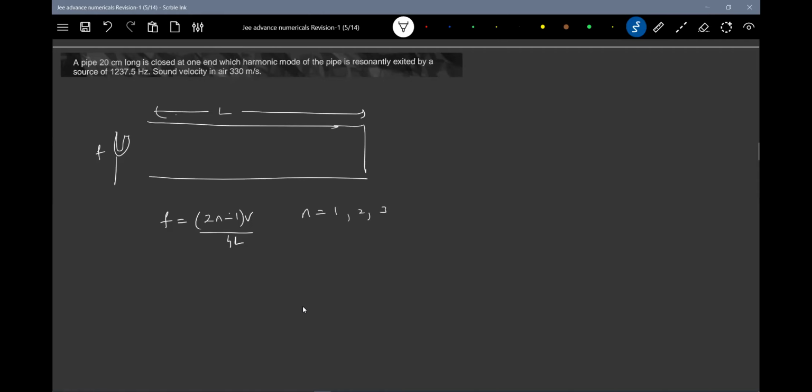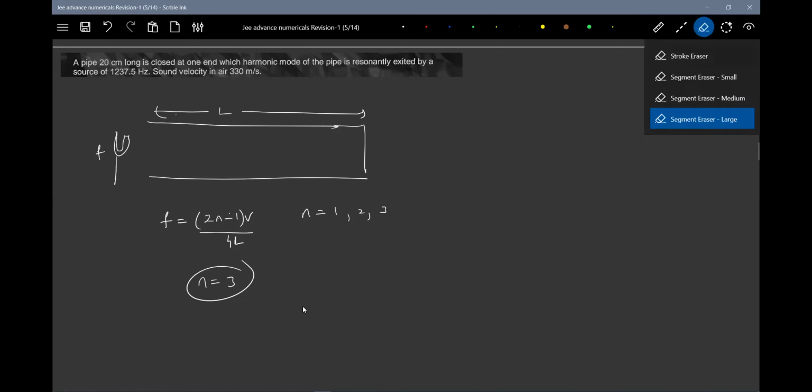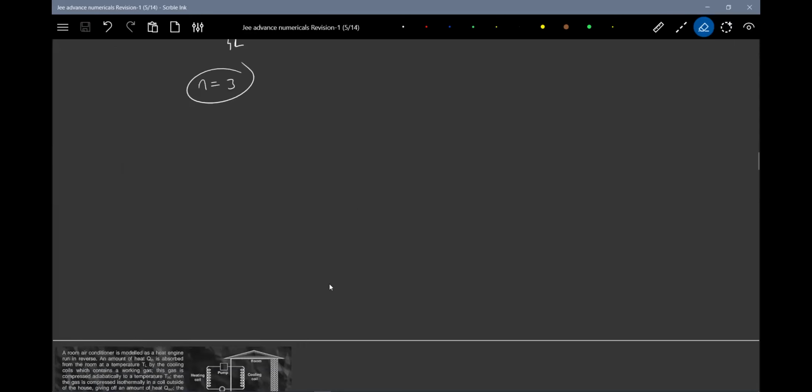Solve for n and you'll get the required answer. For the third harmonic, n will come 3. Okay, it's simple.